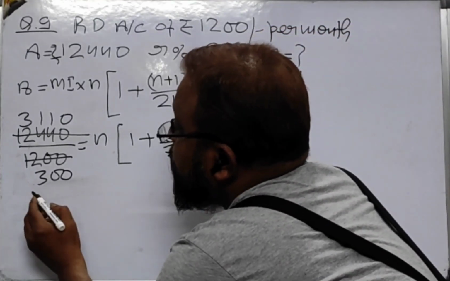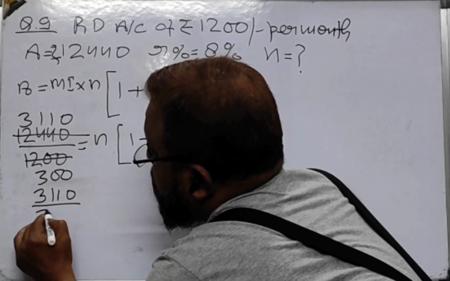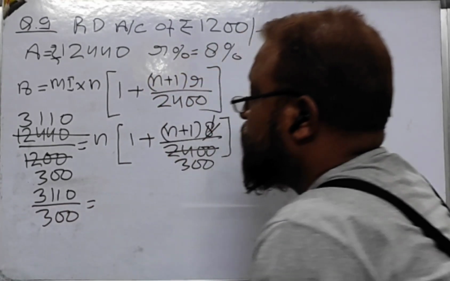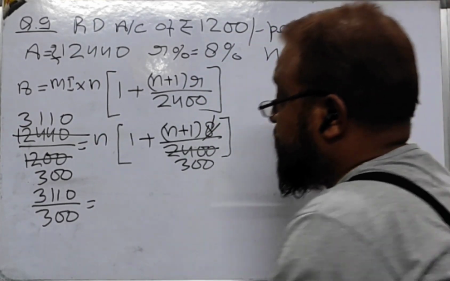So now we get 3110 upon 300 is equal to... no, I'm not doing it. There is a certain reason behind that.